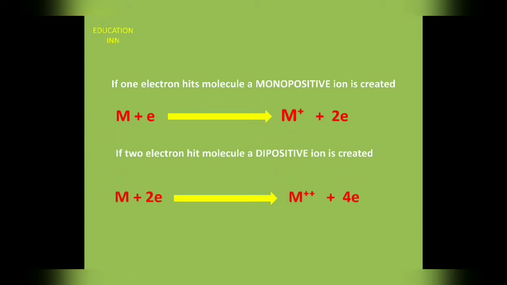For example, when two electrons from electron gun hit the same molecule, they knock out its two electrons and make it dipositive ion. So students, you can see here that different isotopes will have different charges. The different charges are created in this way.